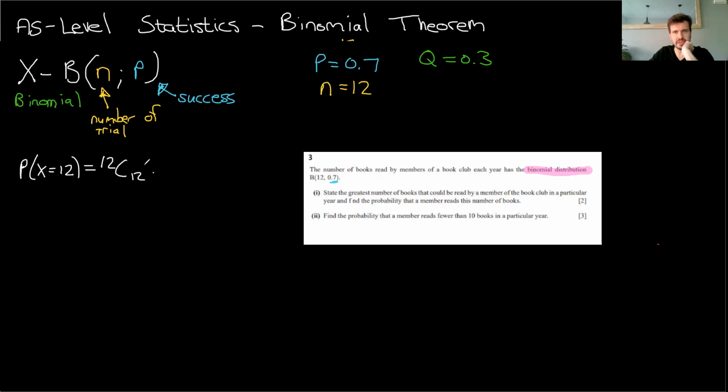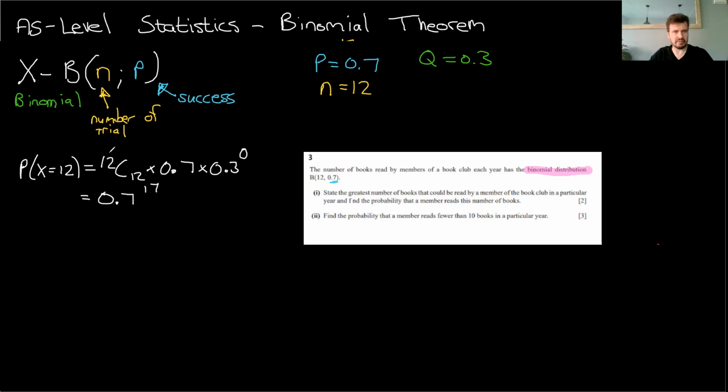The probability of success, 0.7, and then times the probability of the failure, which is 0.3, but there are no failures, so that's to the 0. So this simply ends up being 0.7 to the power of 12.